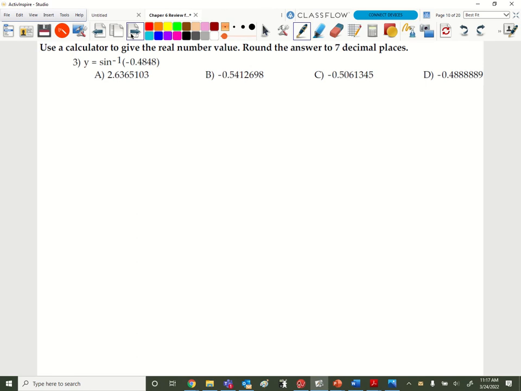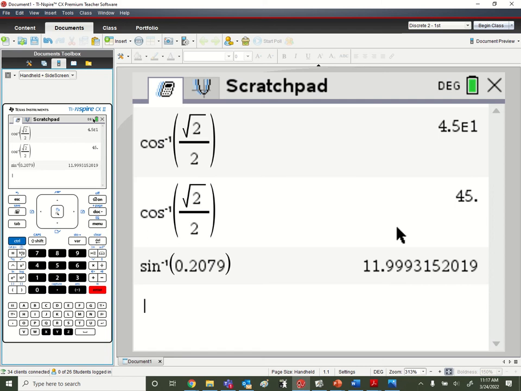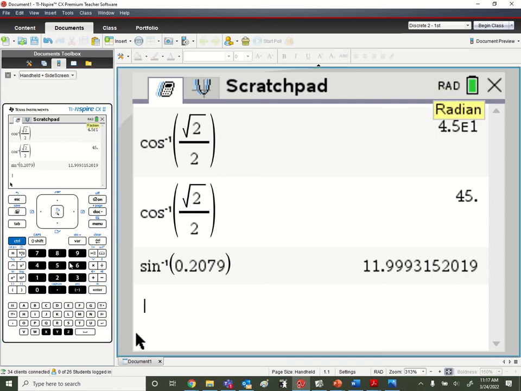Question 3. Now, this one right here, all my answers do not say degree, do they? No. All right, good. So that means you're going to go ahead and have it in radian for this one. So let me see, negative 0.4848. Change this to radian.